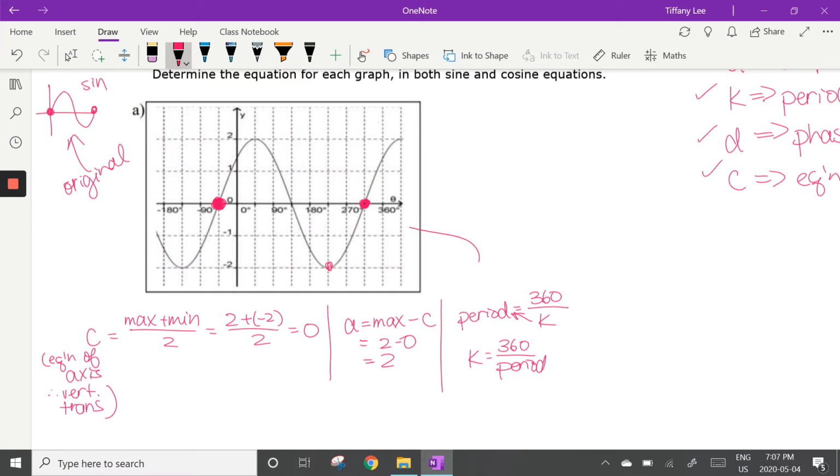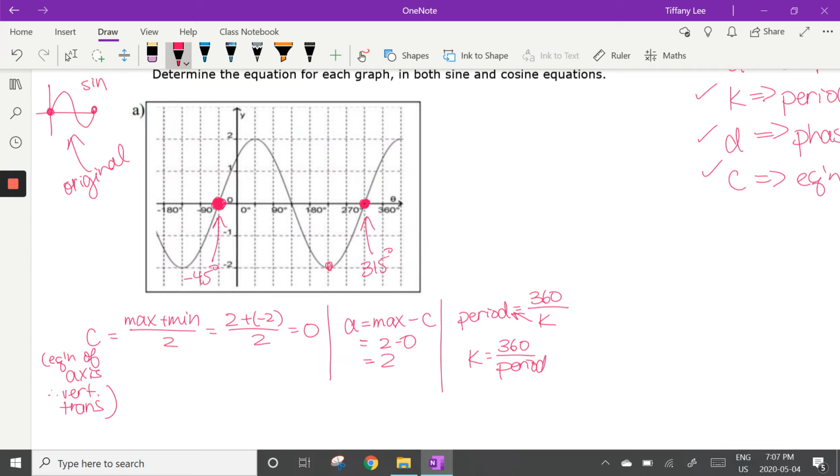We just need to look back at our transformed graph and determine our period. So look at your starting point, and that's negative 45 degrees. Each square goes up by 45, so this one is going to be 270 plus 45, which is 315 degrees.